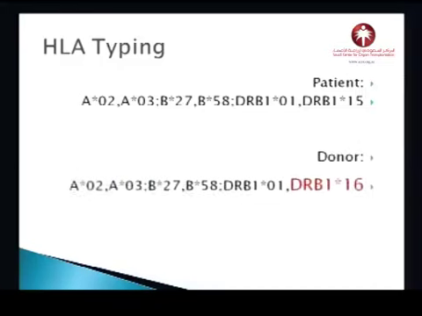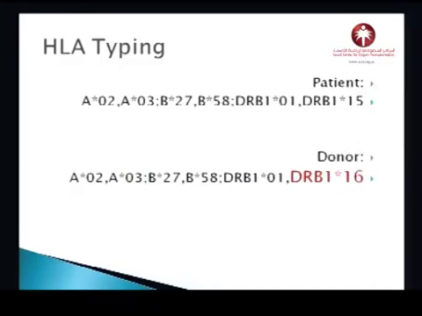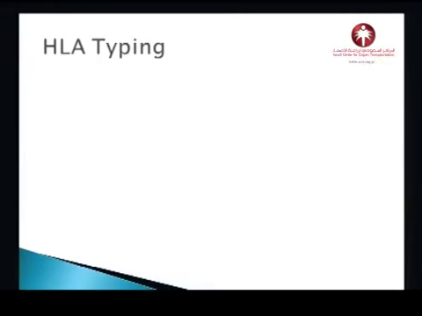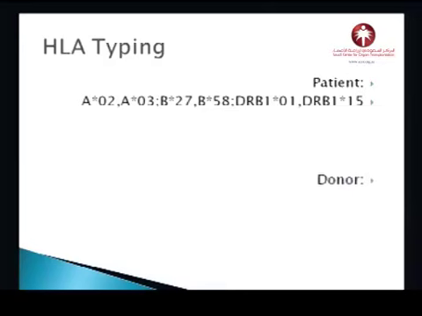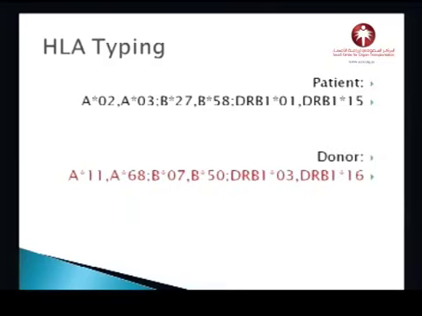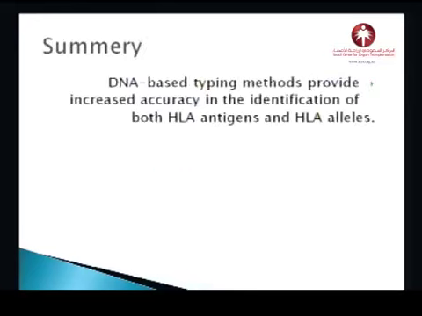The same patient with another donor, you can see the mismatching, for example, in DR16, which is in class 2. And so this is 1 out of 6 mismatches. And for the same patient, if we have another donor, which is entirely different than this, we can say this has a higher number of mismatches, so 6 out of 6 mismatches.